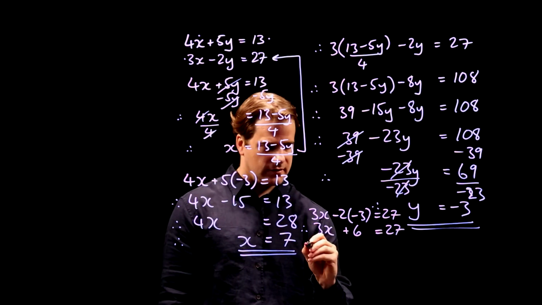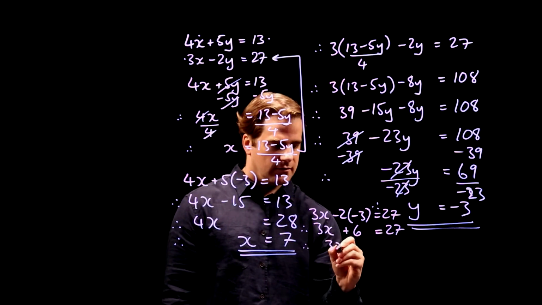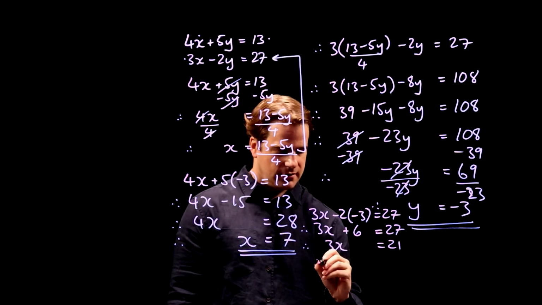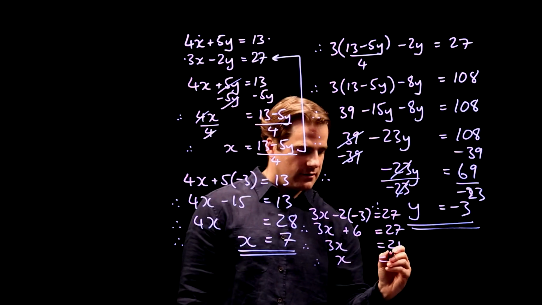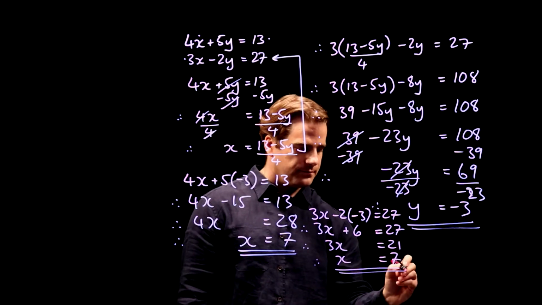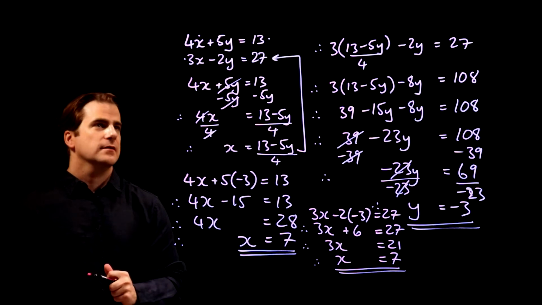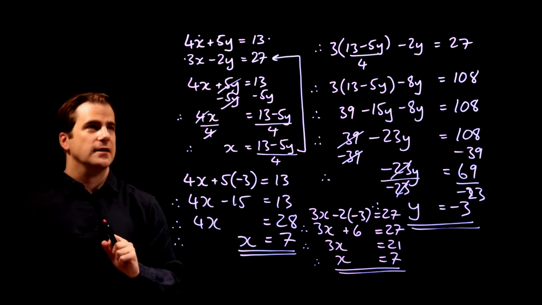Take 6 from both sides. 3x is 21. Divide both sides by 3. x is 7. Okay. There you go. That's the substitution method for simultaneous equations.